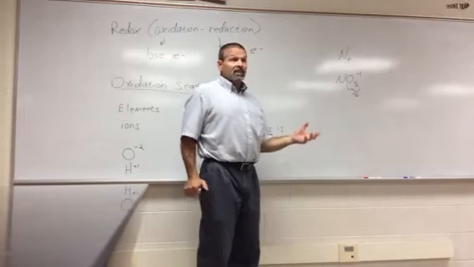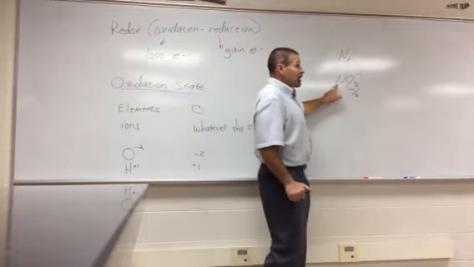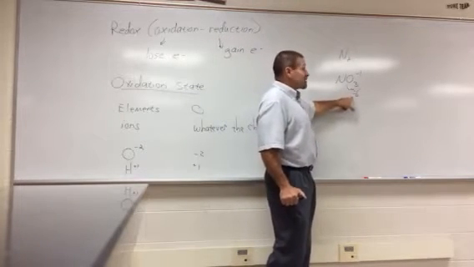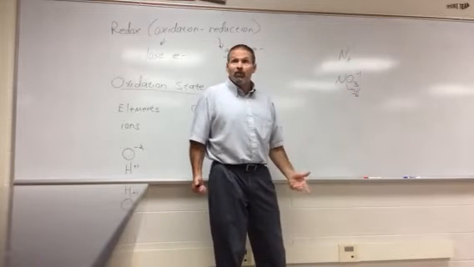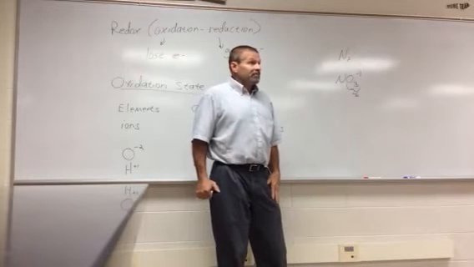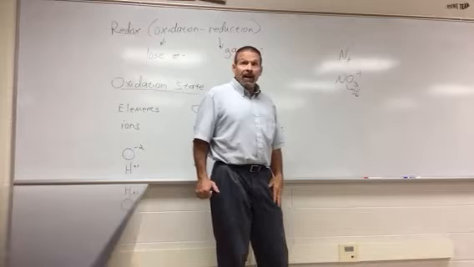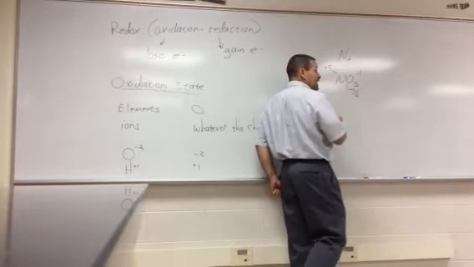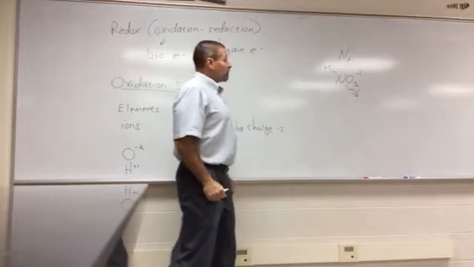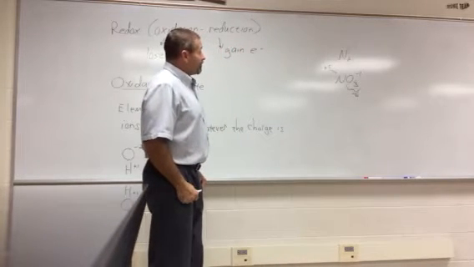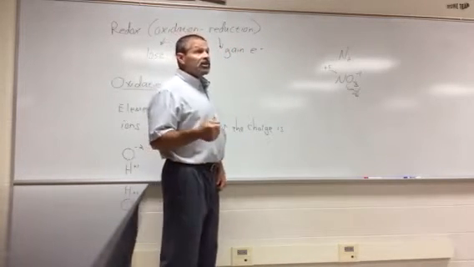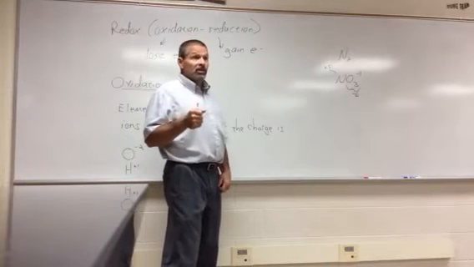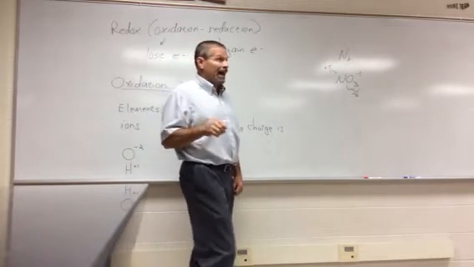So nitrogen's oxidation state has to be such that when we add it with the -6, we'll end up with a -1 overall. Which means nitrogen must be in a +5 oxidation state.